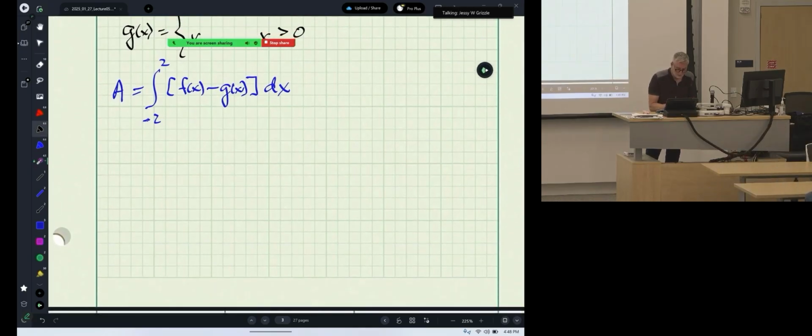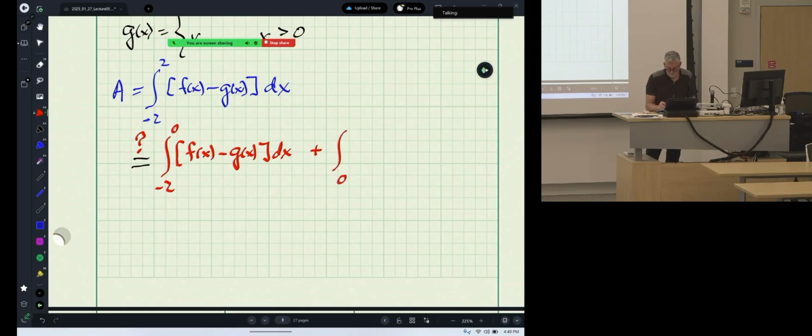So is this equal to the integral from minus 2 to 0, because if it is, we can fill this in pretty simply.